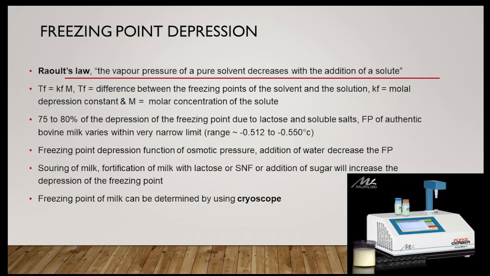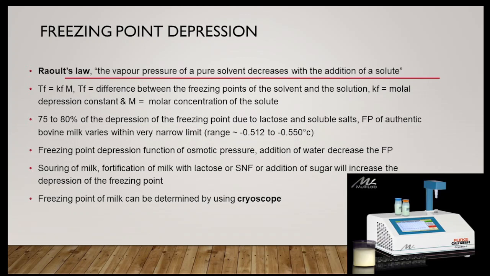For example, suppose the freezing point of milk is 0, right? It is not 0, it is like 0.550, but assume that the freezing point of any product you are considering is 0. Then we are adding some amount of sugar. Then what will happen? It will go below. That is, the depression in freezing point will increase, that is, it will go from 0 to minus values, right?